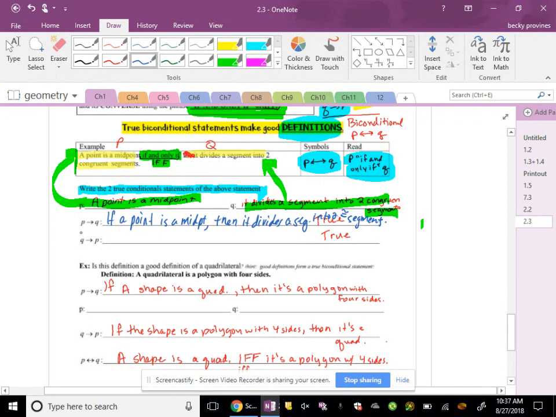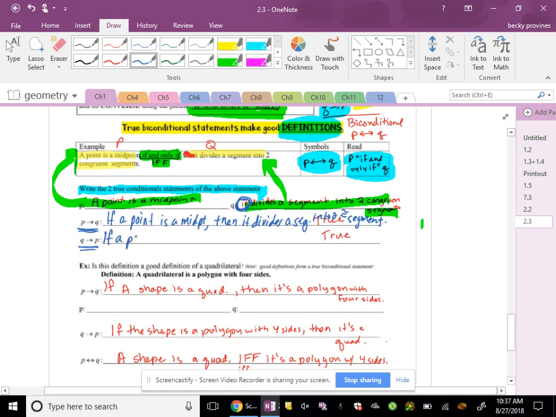Okay, this is old stuff. We know P then Q. How do you do Q then P? It's easy. We're just going to flip it. Now, can I say if it divides a segment? It is a point.